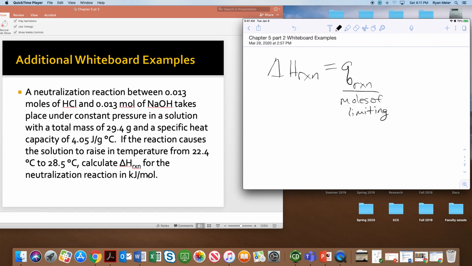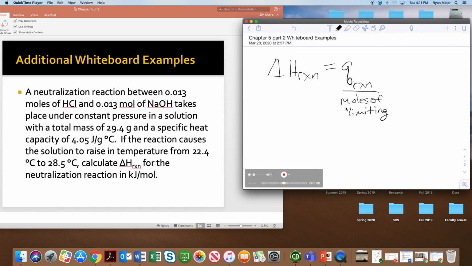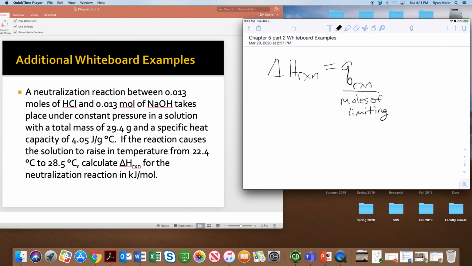So delta H is Q of our reaction over moles of our limiting reagent. That's the last step we want to put together for this problem. Anytime you're looking for delta H or delta E in kilojoules per mole, you're going to have this divided by moles of limiting reagent component added to the Q equals delta H or Q equals delta E equation.